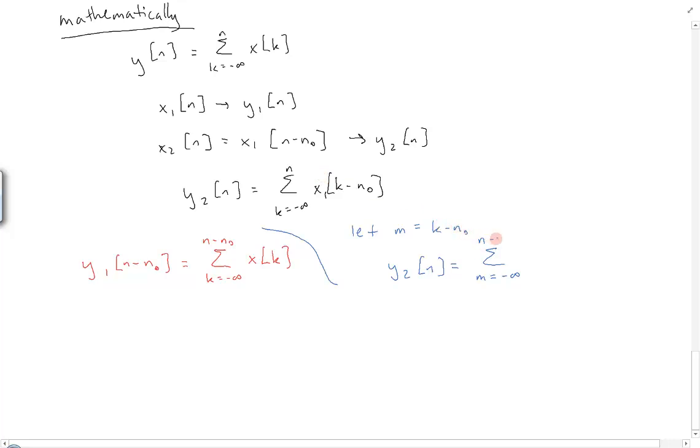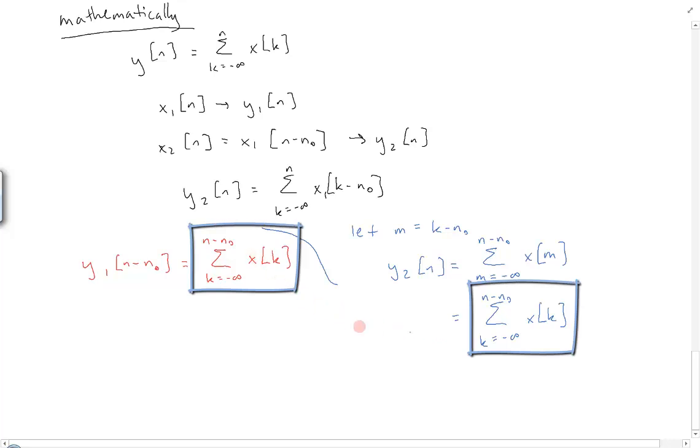So that is, in fact, n minus n0. And in here, since we let m equal k minus n0, it's just going to be x of m. Well, m is just a variable of summation, so therefore it doesn't matter what it actually is, and just for clarity, let's exchange it back for k. So basically I'm saying let k equal m. And then we get this, which is exactly the same thing as we had here.